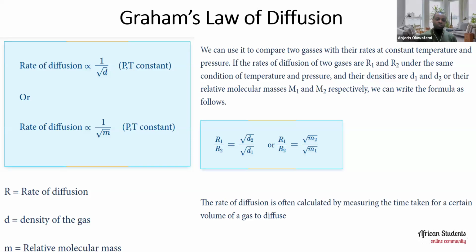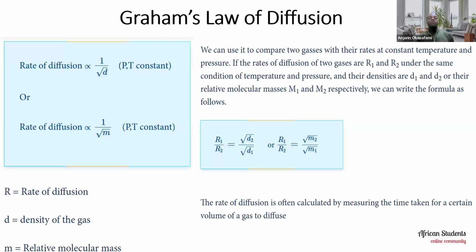R1 over R2 equals square root of D2 over square root of D1. Why do we write it as square root of D2 over square root of D1? The reason is that there's an inverse proportionality taking place. So it's the square root of D2 over D1, and then R1 over R2 equals square root of M2 over square root of M1. M in this regard refers to the relative molecular mass.